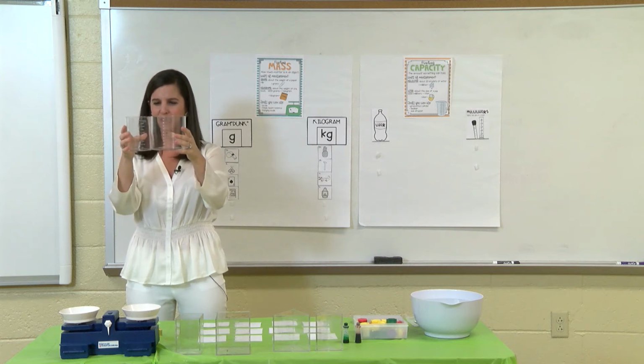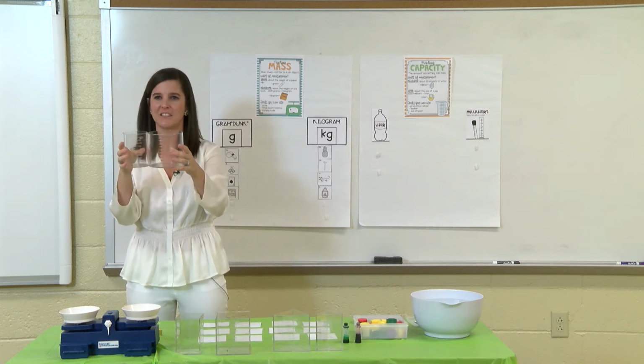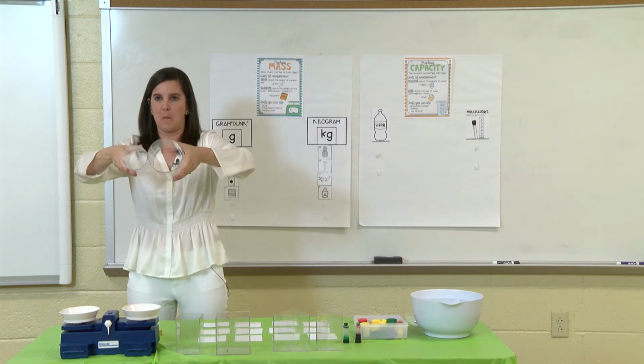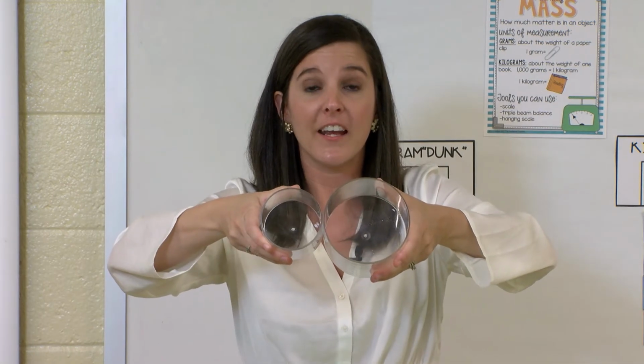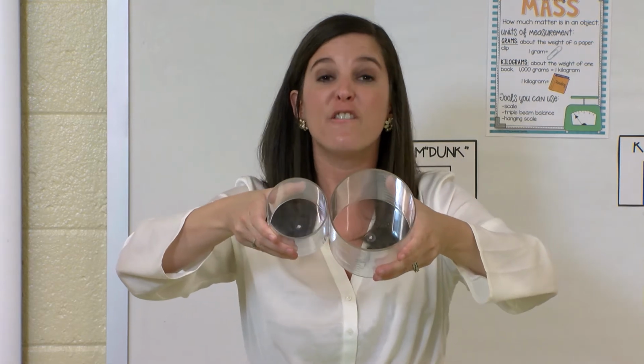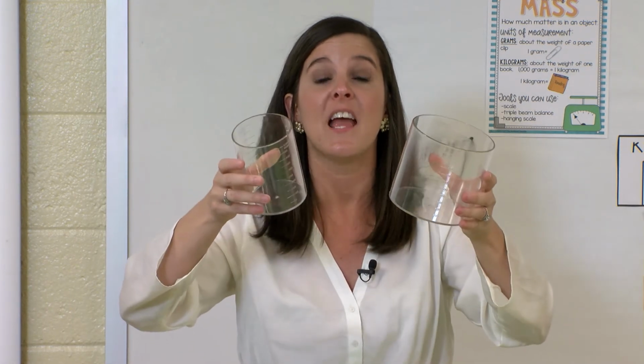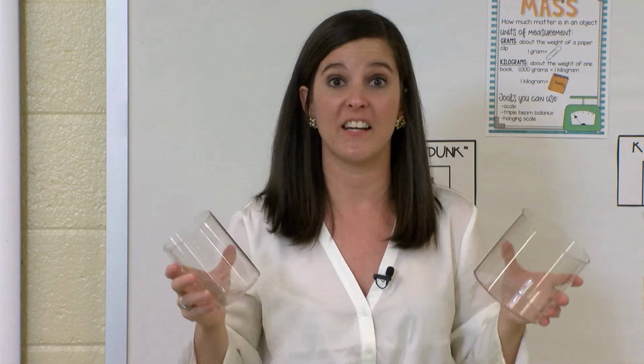But I'm confused because they look like they're the same height. But look at the shape. One is wider than the other, right? Okay, so we're going to put 500 milliliters in both of these, and we're going to see if that looks the same. Are you ready?